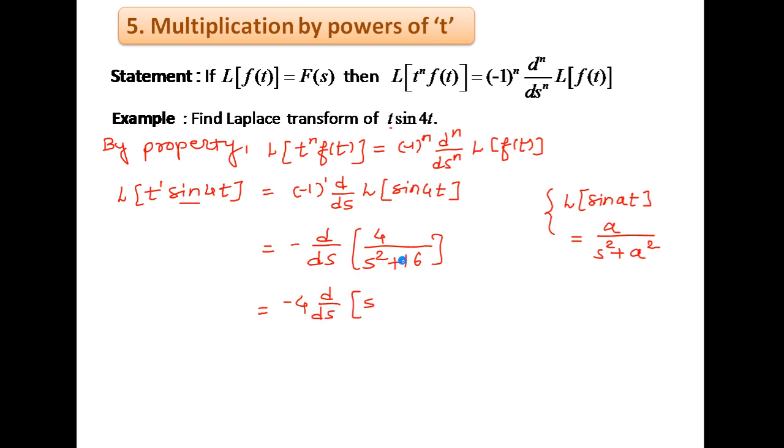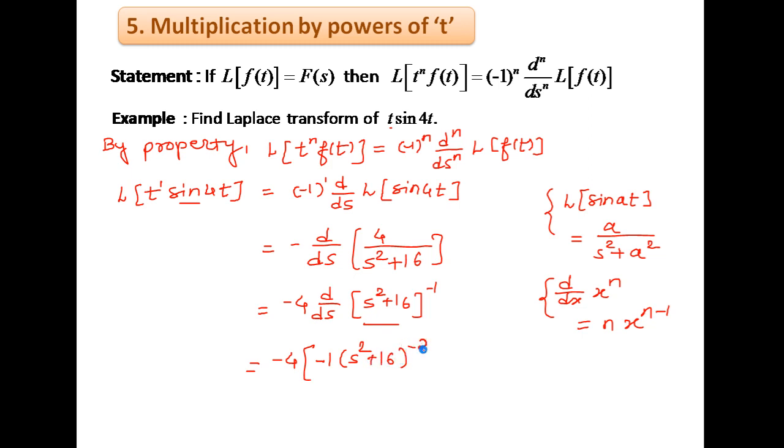And now here the function is present in the denominator only, so I can shift this denominator to the numerator by taking its power negative, and here I can apply the derivative. Standard result: derivative of x raised to n is n into x raised to n minus 1. So using this result to find the derivative with respect to s, that will be minus 1 into (s square plus 16) bracket raised to minus 2 into the derivative of this term, which is 2s.